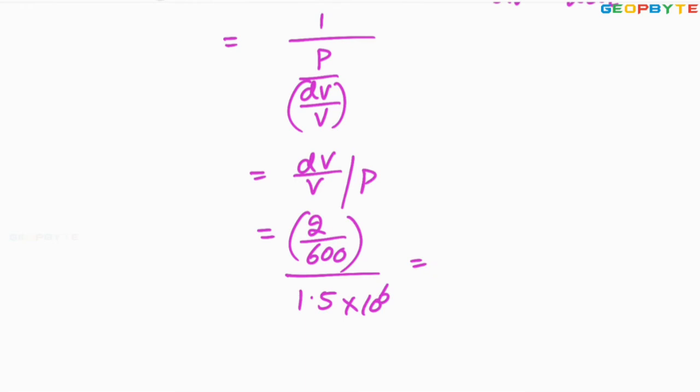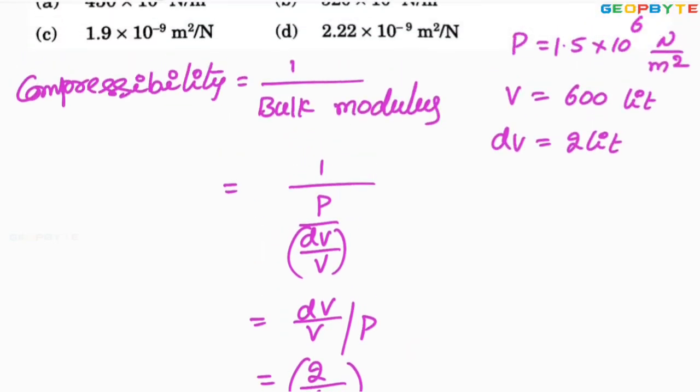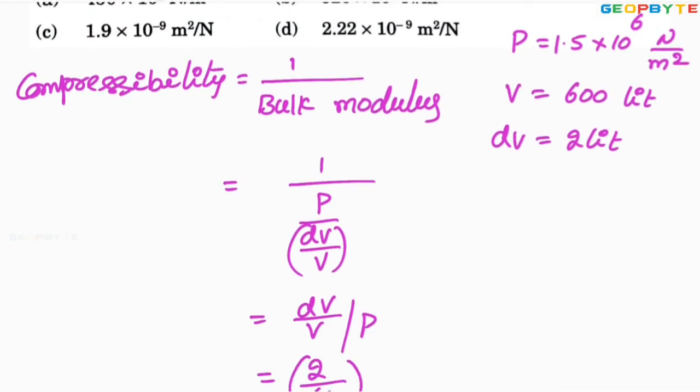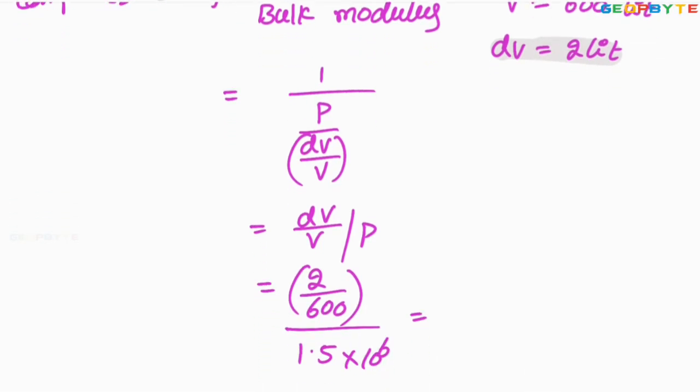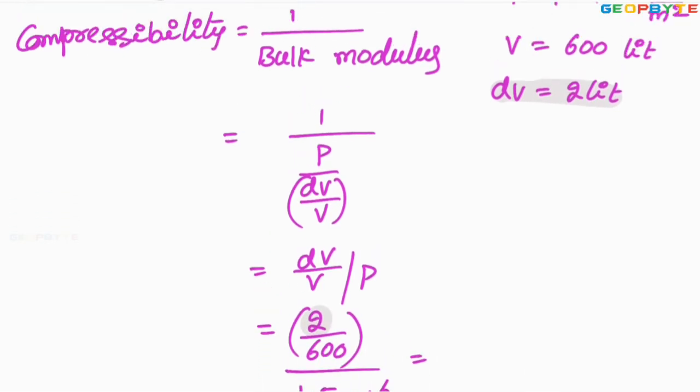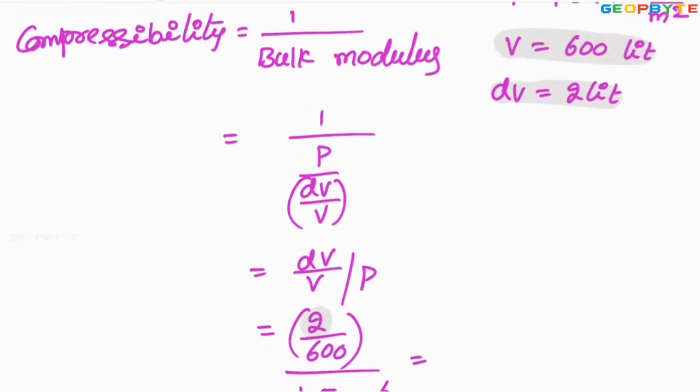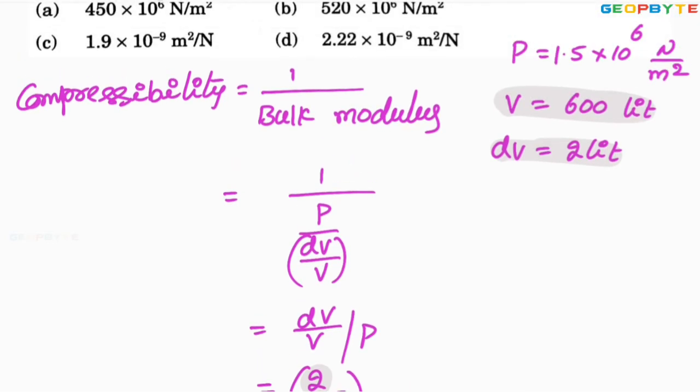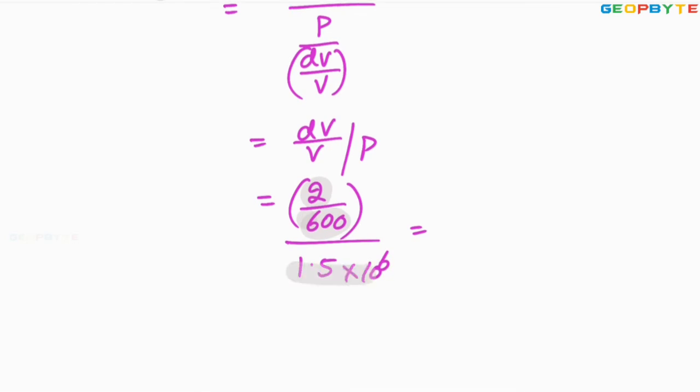Simplify this value. Look at the values given. Here dV is 2, original volume 600, and pressure is 1.5 into 10 power 6. Simplify this with your calculator to get 2.22 into 10 power minus 6.